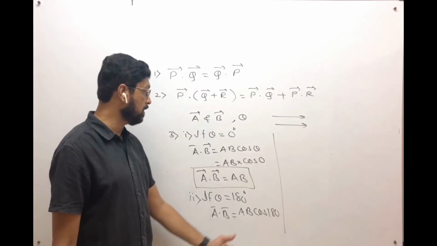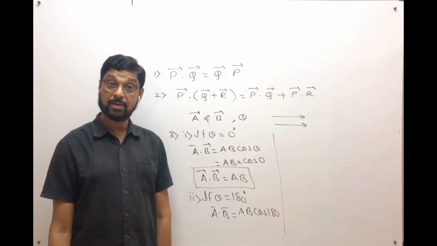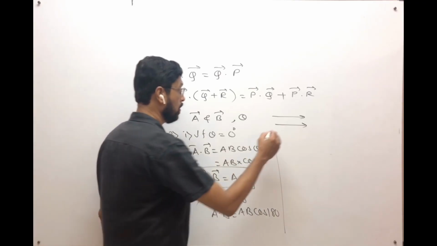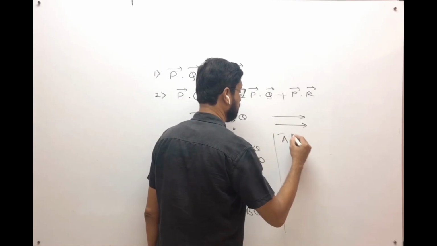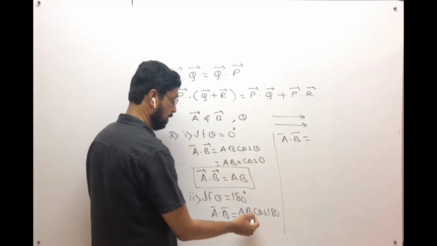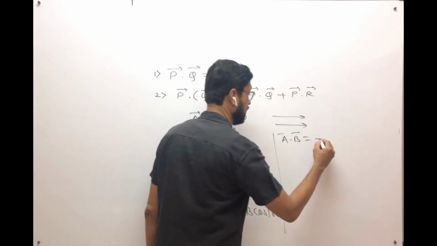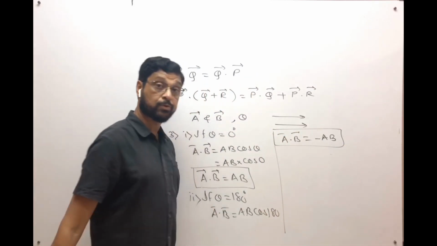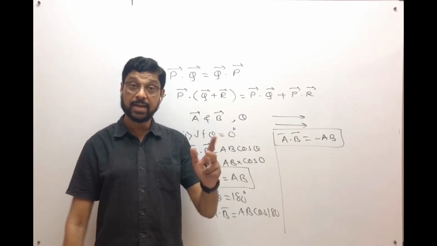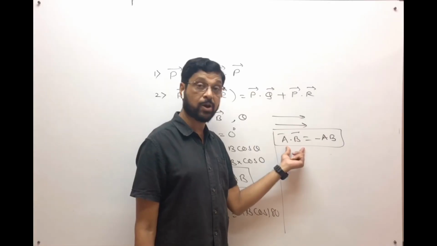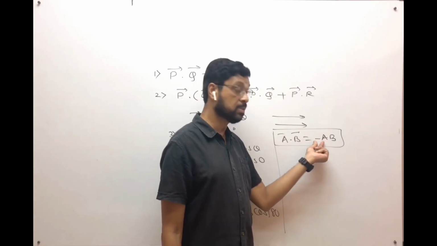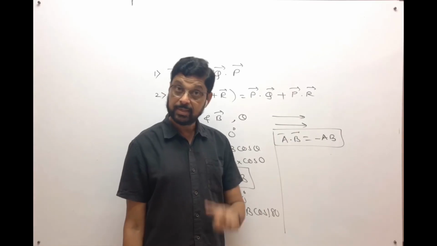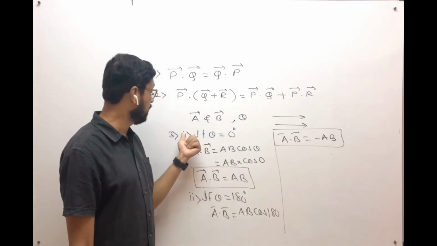How much is cos 180? Cos of 180 is -1. So A dot B will be equal to AB into -1, that is minus AB. So if two vectors are anti-parallel, then their dot product is equal to minus of the product of their magnitudes. Second point in the third characteristic.